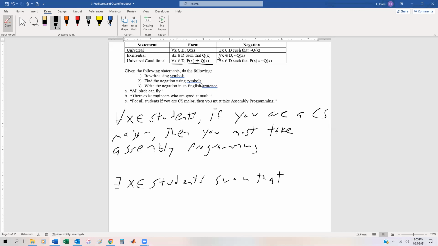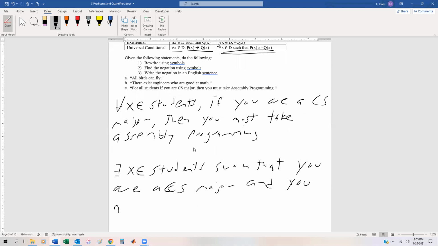Notice that the negation right here does not contain if-then: such that you are a computer science major and you must not take assembly programming.